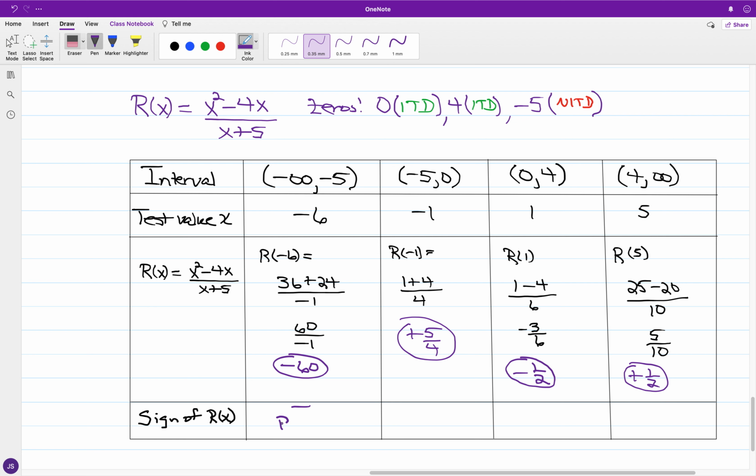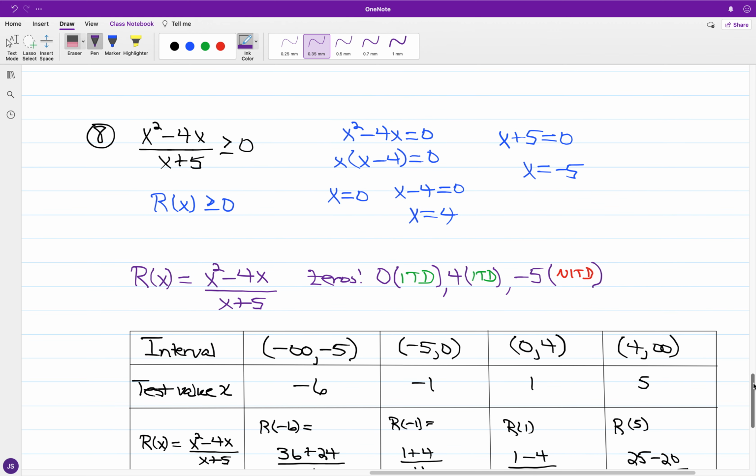So you have a negative in the first, so r of x is less than 0. Next we have a positive, whereupon r of x is greater than 0. Next we have a negative, where r of x is less than 0. And for the last we have a positive, whereupon r of x is greater than 0.